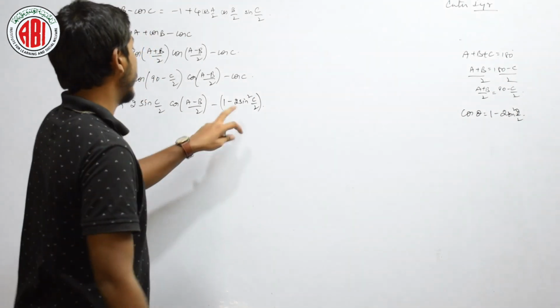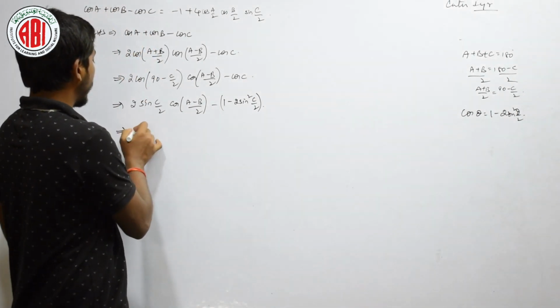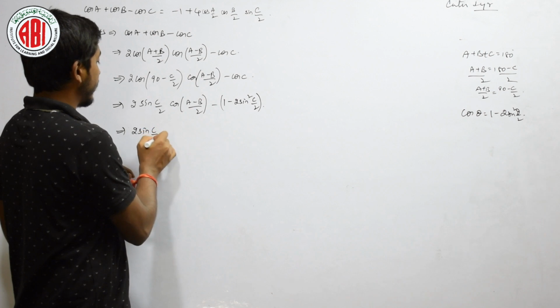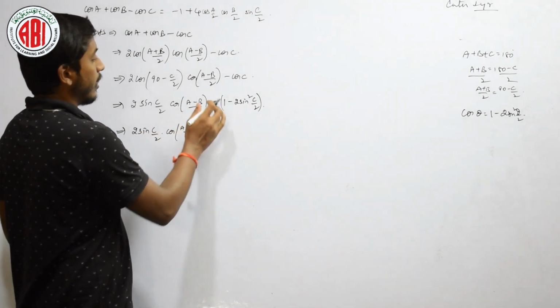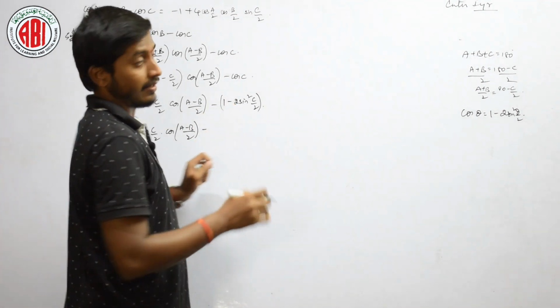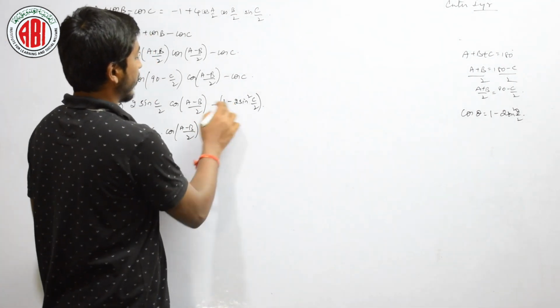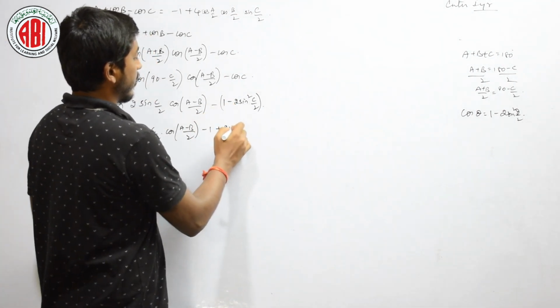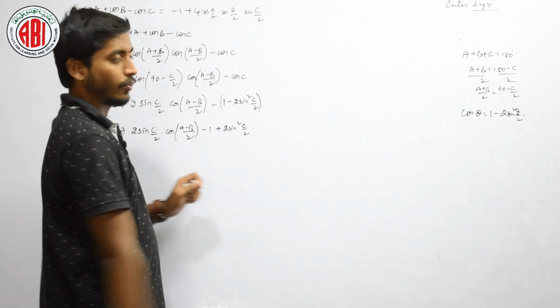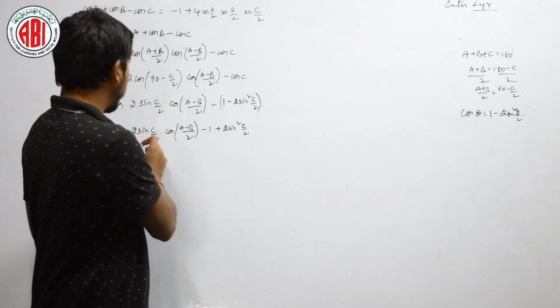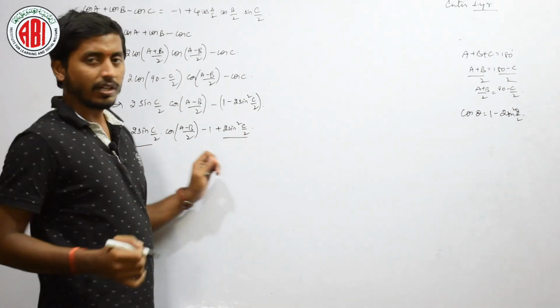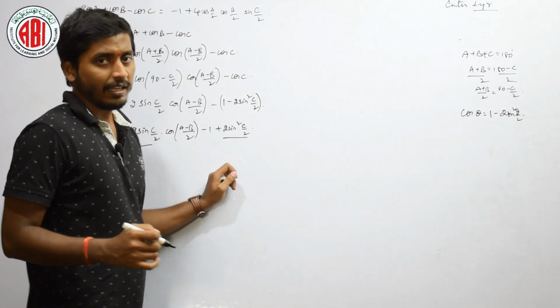Now, let us multiply everything. This will become 2 sin C by 2 cos of (A minus B) by 2. Let us multiply the minus inside. This will become minus 1 plus 2 sin square C by 2. Now, if you observe, can I take 2 sin C by 2 common from both the terms? Yes.